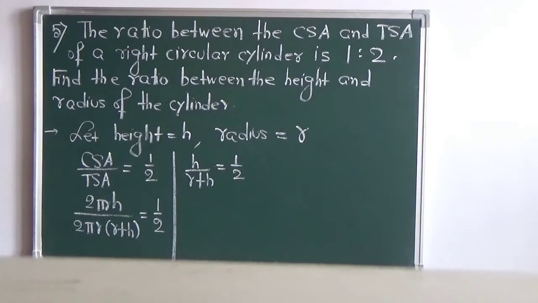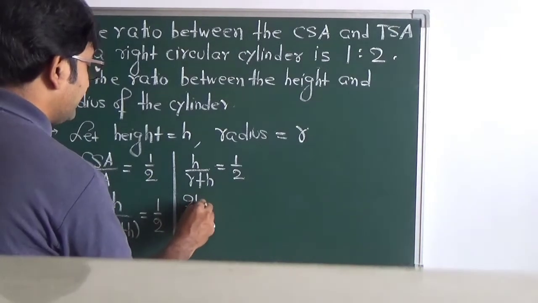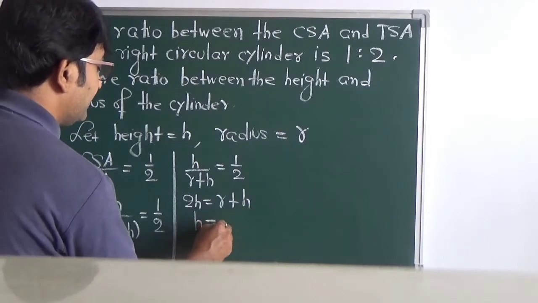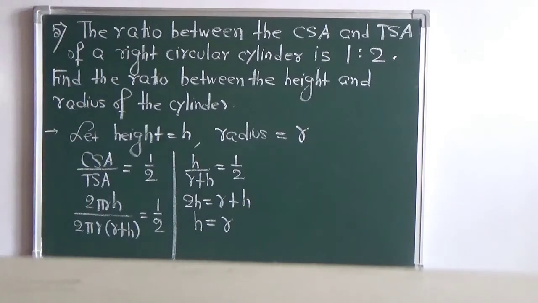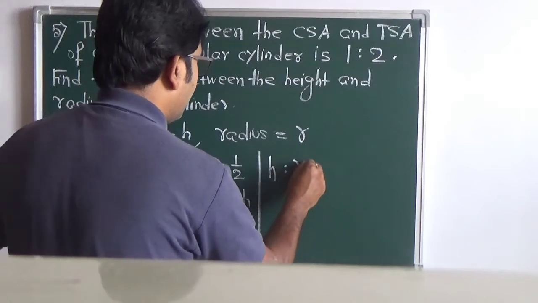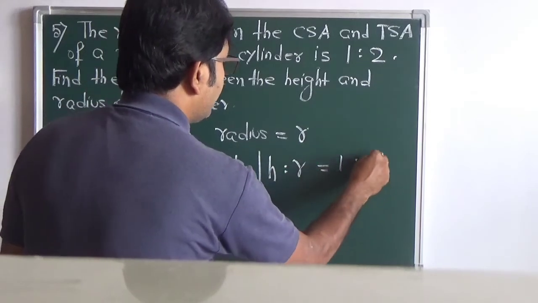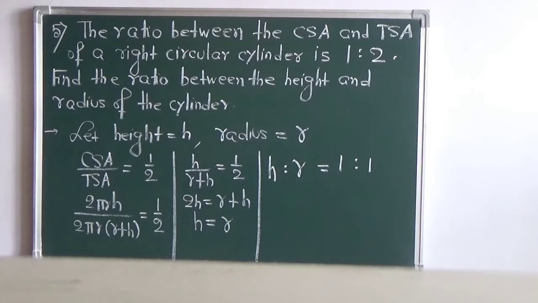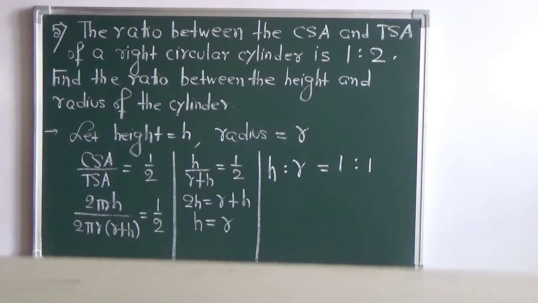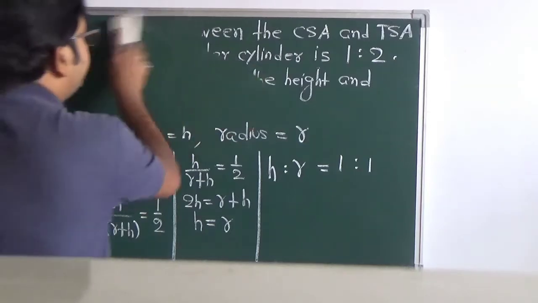Now we will cross multiply this, so twice h equals r plus h, or we can say h equals r. So the ratio between the height and the radius, h is to r, equals 1:1. So the ratio between the height and the radius of the cylinder comes to 1:1. So now we will move on to the next question.